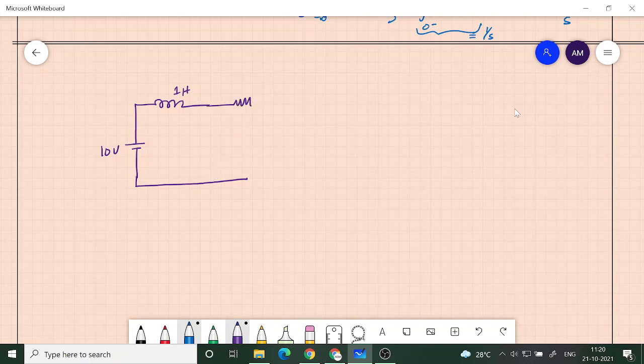It's just a series RLC circuit now. This resistance was 2 ohm, and this capacitor was 1/5 farad. There was a voltage here, VC of 0 minus, which was 10 volt, and there was a current here, y of 0 minus, which was 2 ampere. So this is now our problem.